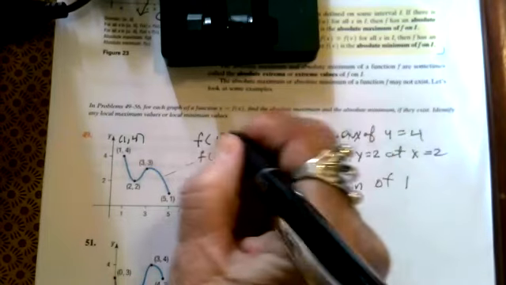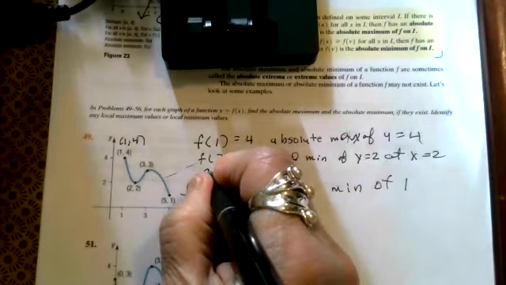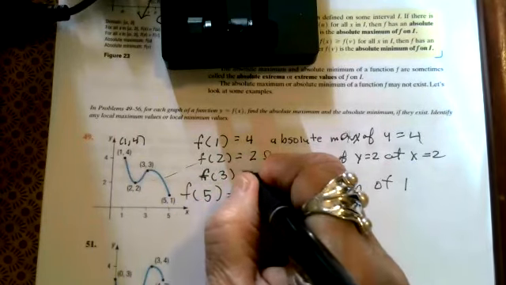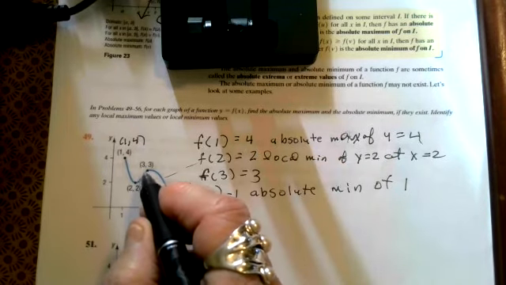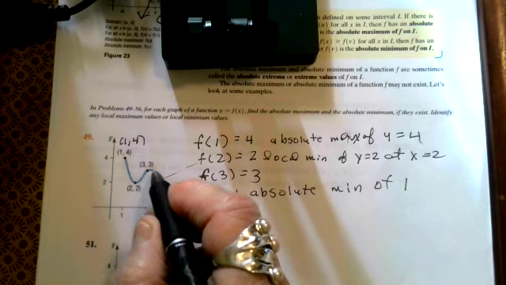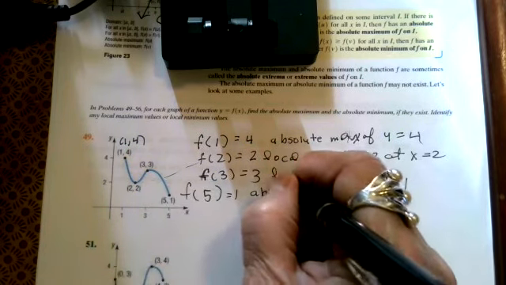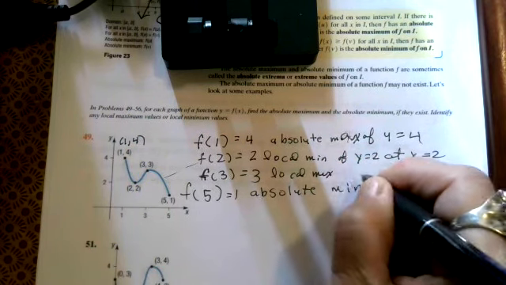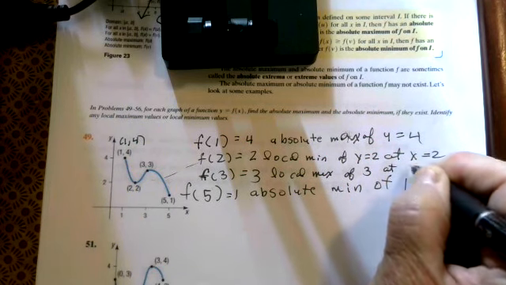Okay, and then the other place was here at f of 3, which was equal to 3. And here, the y value is higher than the y value to the left and the y value to the right. So this is a local max of 3 at x equal 3.